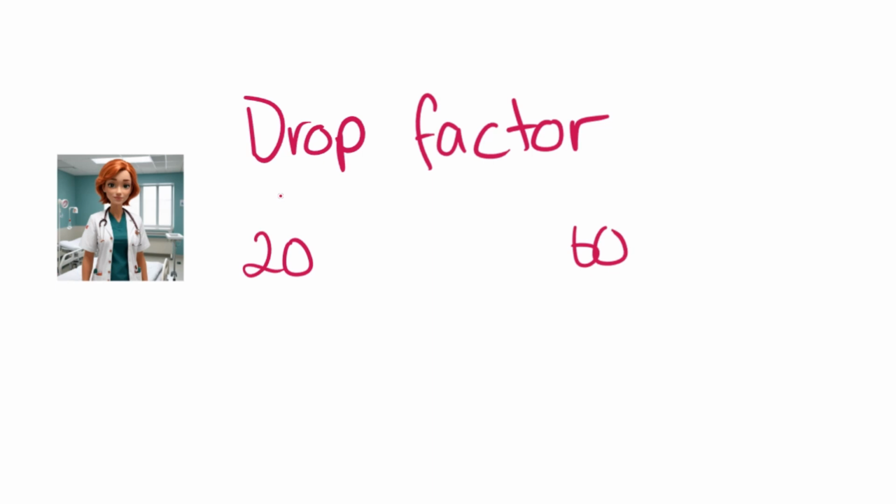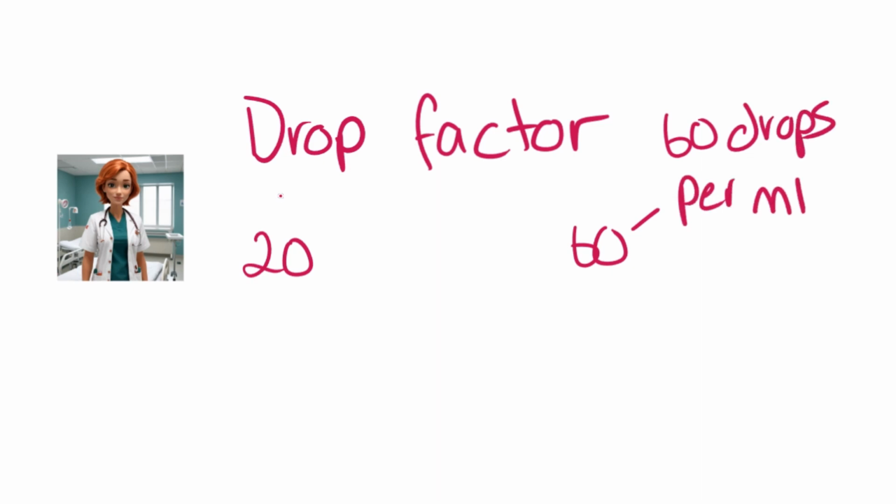This will be found on the back of the giving set packet. It's really important to have a look because 60 means that it's 60 drops per mil of water, and the 20 means 20 drops per mil.